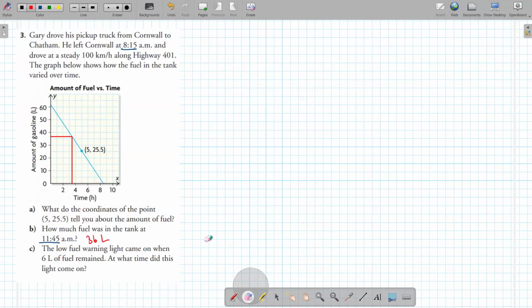The low fuel light came on when there was 6 liters of fuel left. At what time did this light come on? So how do we answer part C? You can draw a line at 6. Yeah, again, no one knows where that is precisely, but I'm just gonna eyeball it.